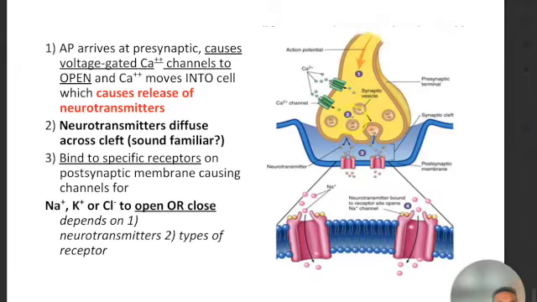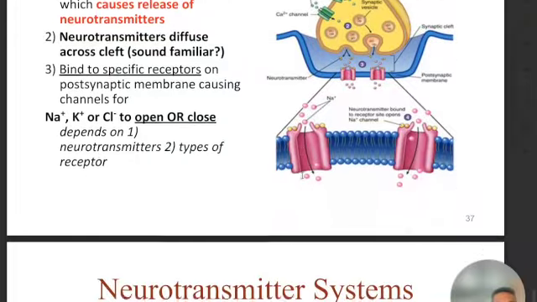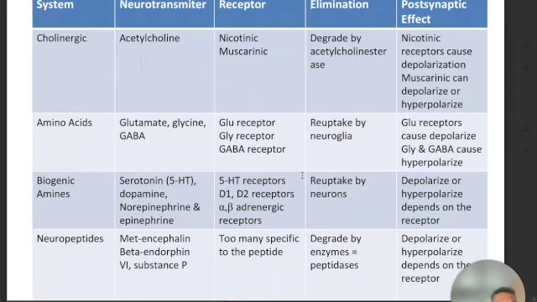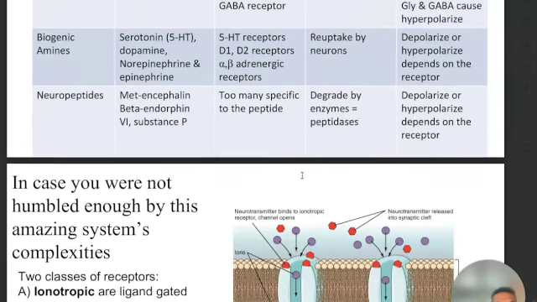It will release neurotransmitter, acetylcholine, which goes over the cleft and attaches to the receptor. Whatever is not used up will be reabsorbed or degraded. You don't have to know this chart.